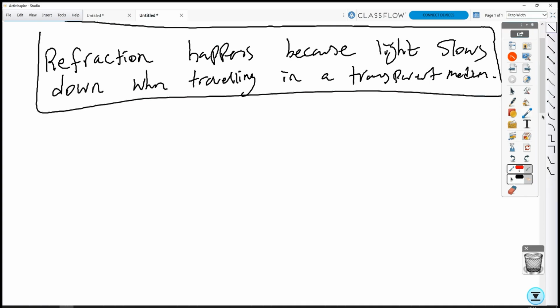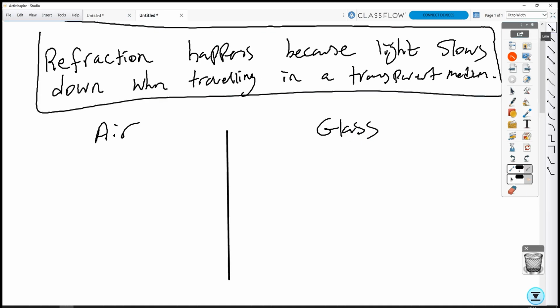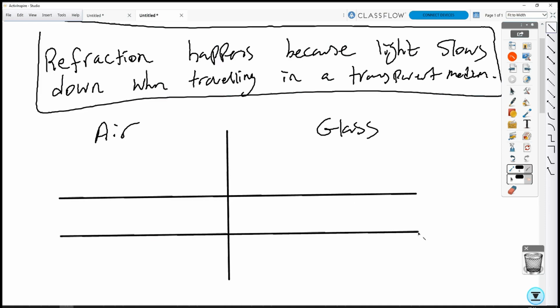So we'll sketch this very quickly. We'll draw a boundary. We will do air on this side and glass on this side. If we have light passing through in a straight line, I'll sketch the waves of this light in terms of its wave fronts.